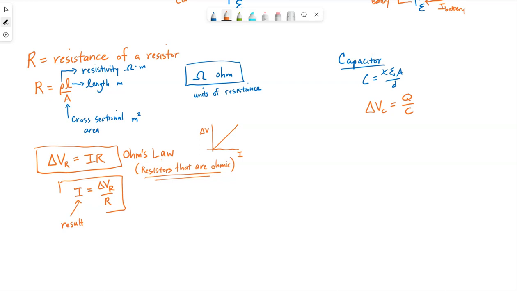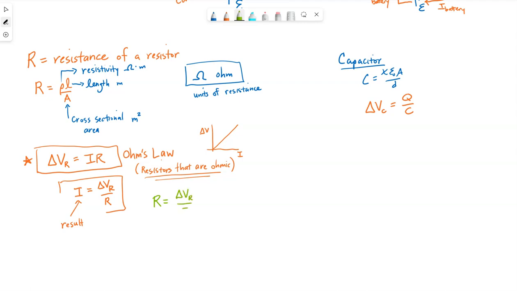And so the voltage drop across a resistor will equal the current flowing through it times the resistor value, the amount of resistance.